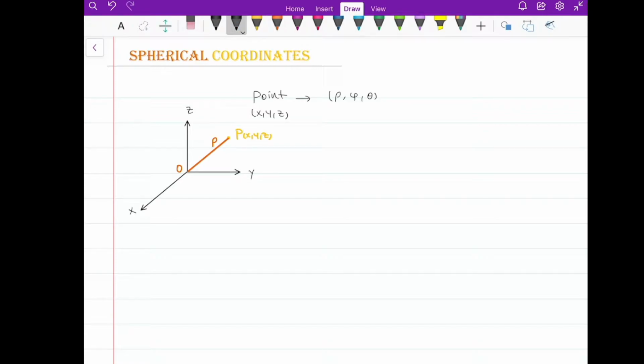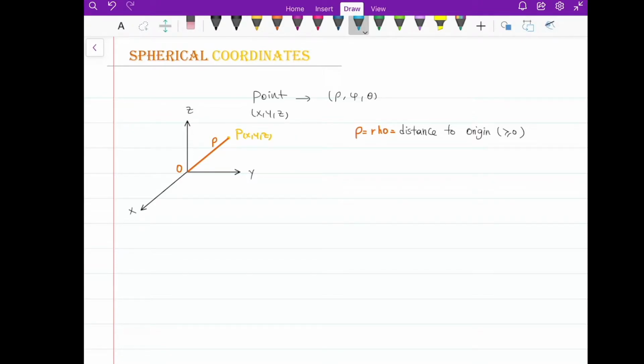So basically rho is the distance from the point to the origin, and it's always greater than or equal to 0. It's just because it's positive, it's the distance.